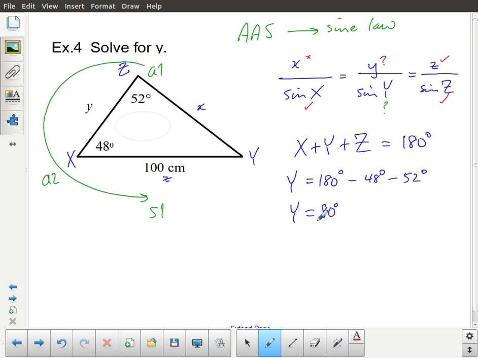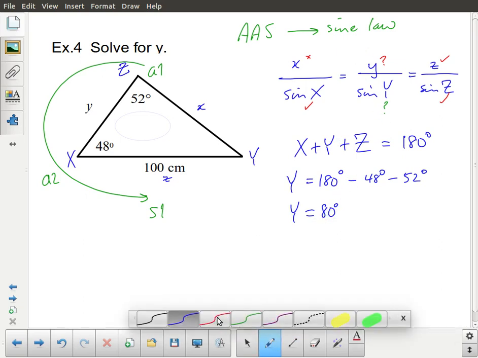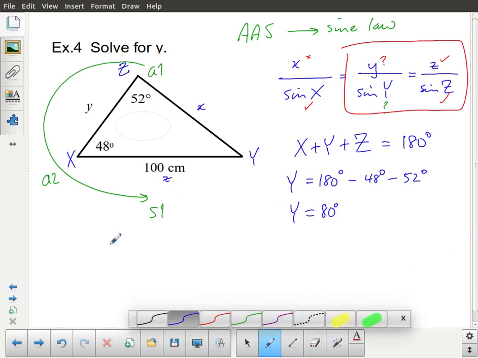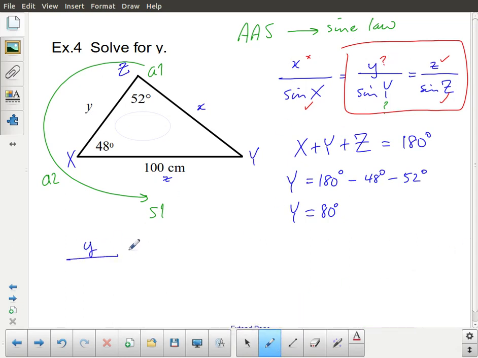So now that we have the angle y is 80 degrees, we can make use of this grouping, because now I have the angle y, and from there I can now write that y divided by the sine of the angle y, that's the sine of 80 degrees, is equal to z, the length of z is 100, over the sine of z, which is 52 degrees.